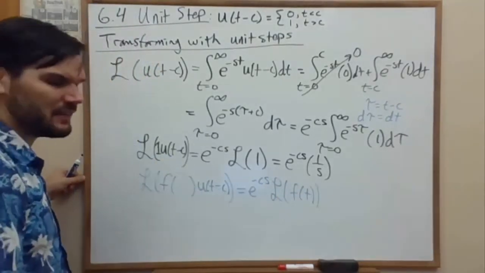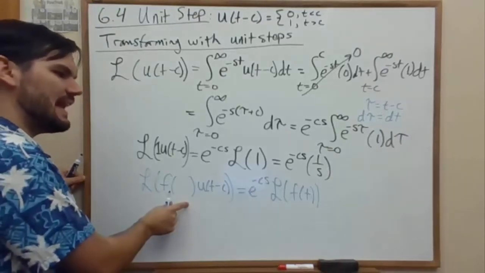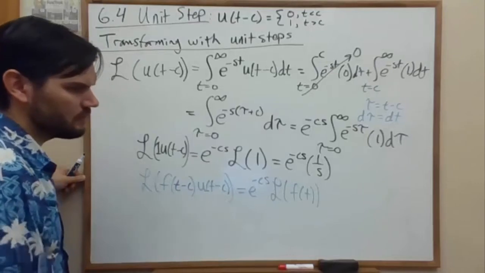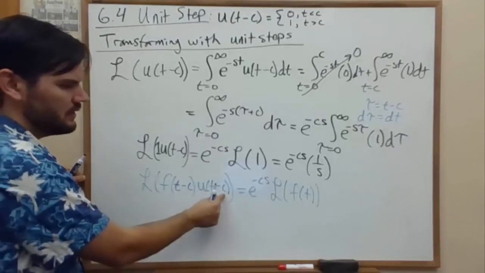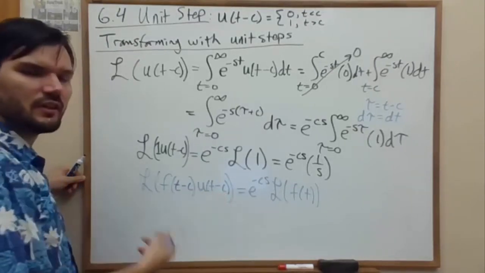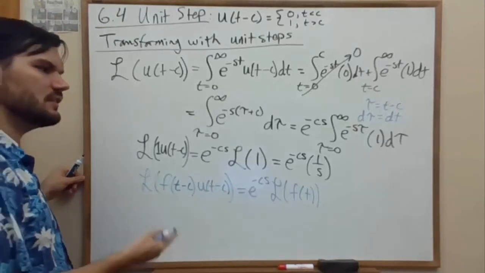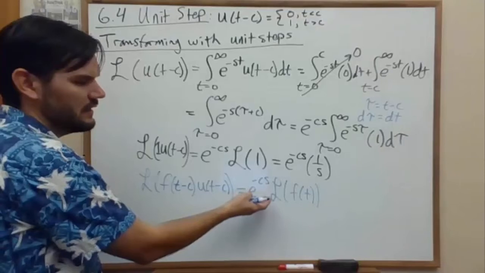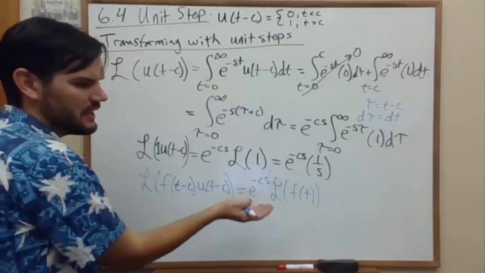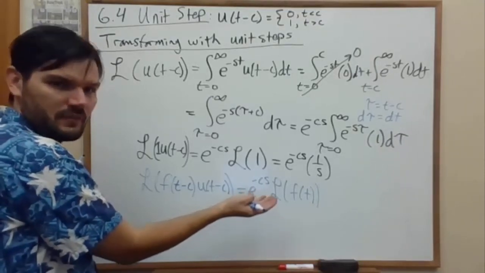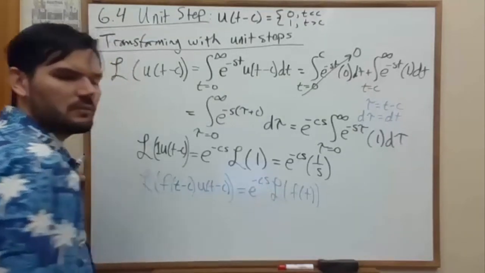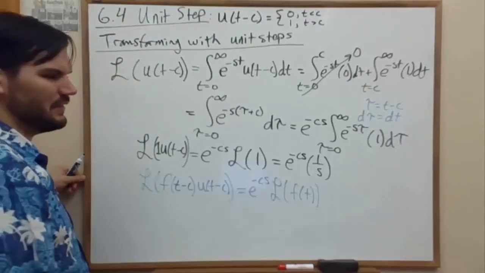But the only caveat is that this function has to be shifted in time to match our activation. And if it's shifted in time correctly, then we can factor out the activation, e to the negative cs, that tells us that there's a unit step activation happening at t equals c, and then the transform of that unshifted function.